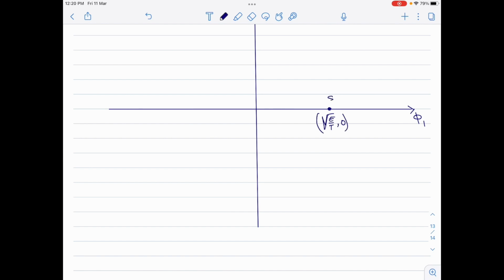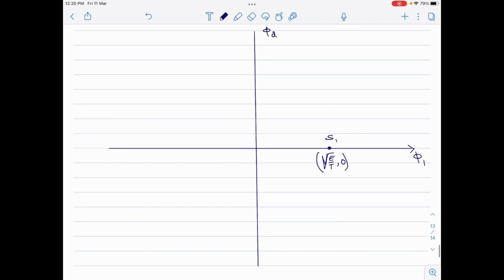This is S1. S2 is again at a distance of root E by T, but now on the y-axis. S3 is at a distance of minus root E by T, but now on the negative x-axis. Lastly, S4 is on the negative y-axis.